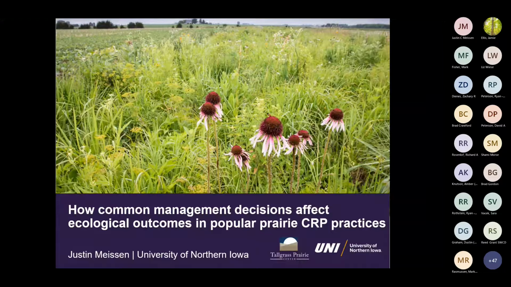So yes, I'm Justin Meissen, the Research Restoration Program Manager at UNI's Tallgrass Prairie Center. And today I'm going to talk about how some of the key decisions made when designing and implementing some popular CRP plantings influence how successful they turn out to be.